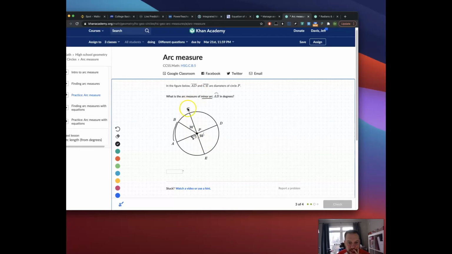And then CE is a diameter also. So I know that this has to add up to 180. And this is 87. And this is 38. So then I can do 180 minus 38 minus 87. And that should be my answer. So that's 55.